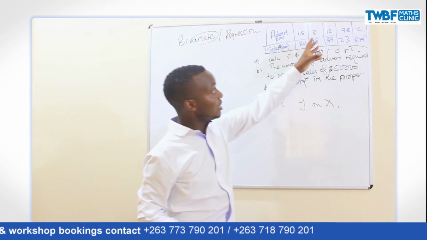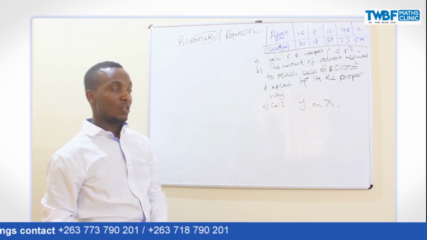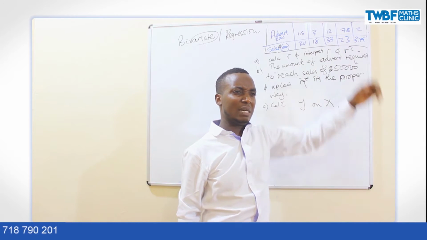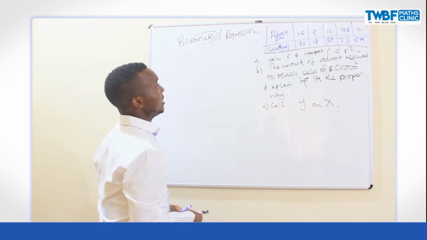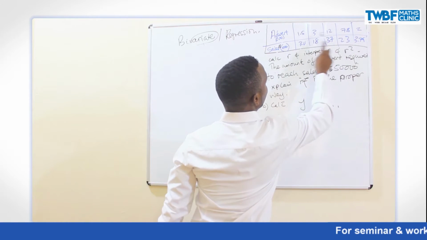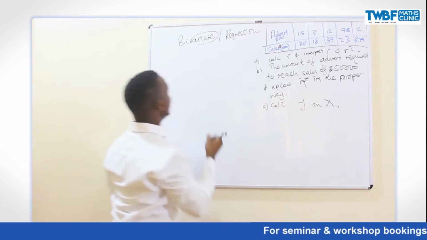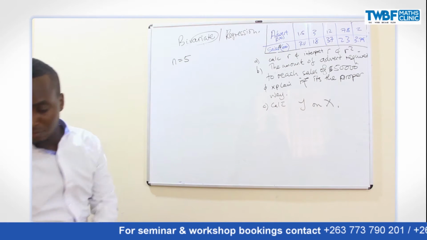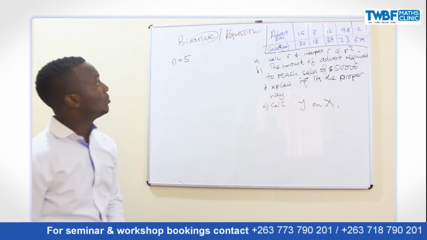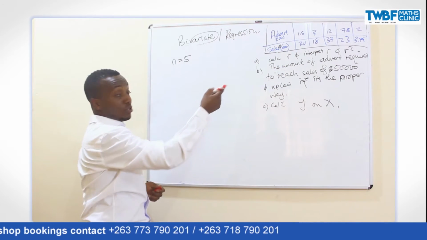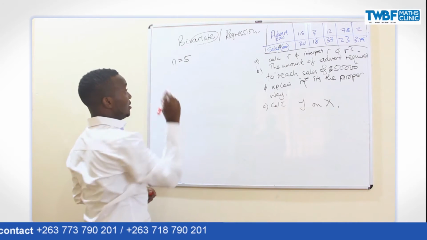It captures until you get to the end. Alright. Once you enter this information into your calculator, you will discover that how many: 1, 2, 3, 4, 5. So we've got our n equals 5. What is n? The number of times we did these observations. n equals 5. That's the first thing.